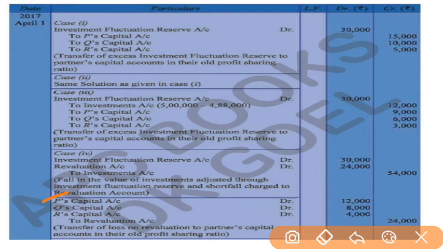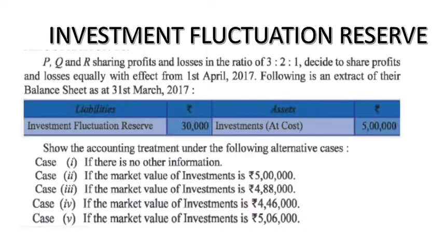So P's capital account debit, Q's capital account debit, R's capital account debit to revaluation account. Revaluation is credited because it is a loss: the reserve we had is less than the difference of market value and cost value. So we will distribute this 24,000 among P, Q and R in their old profit sharing ratio, that was 3:2:1.